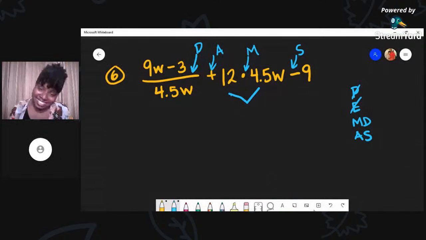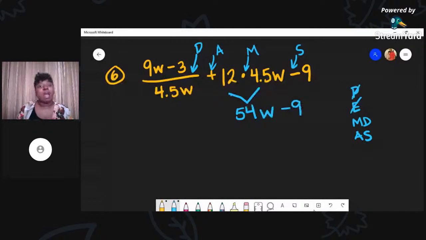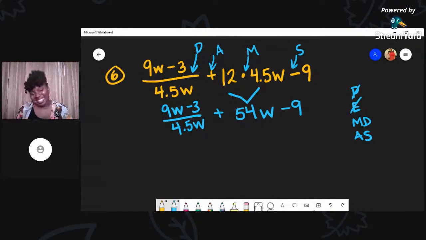Okay, so 12 times 4.5 is 54. Now, with a problem like this, again, you're going to want to take it step by step. You know what makes this complicated?